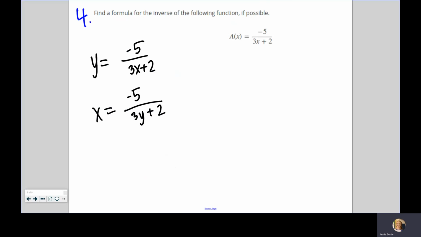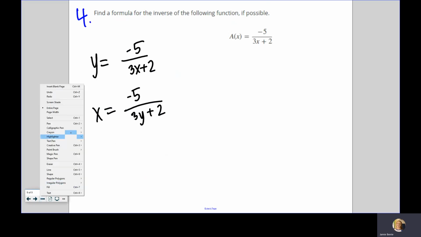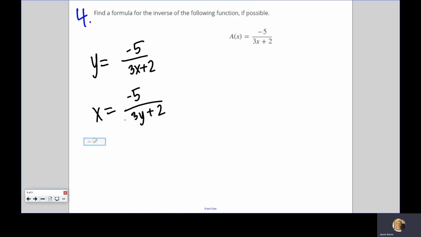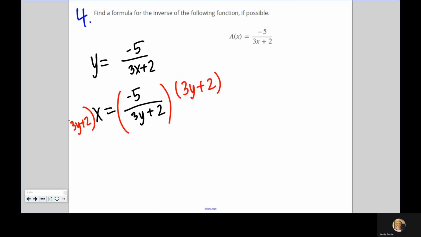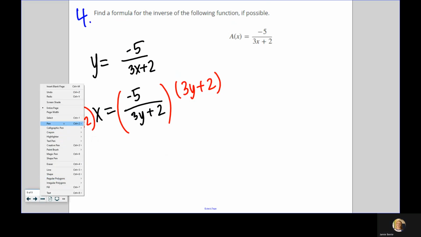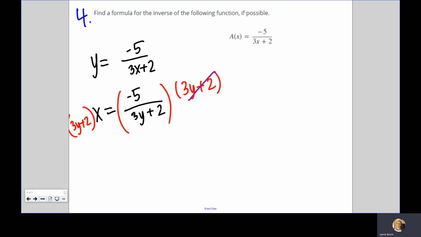All right, now we're solving for y. Let's go ahead and get rid of this fraction by multiplying both sides by the denominator. It's going to cancel it out on the right. So on the right-hand side, this cancels.